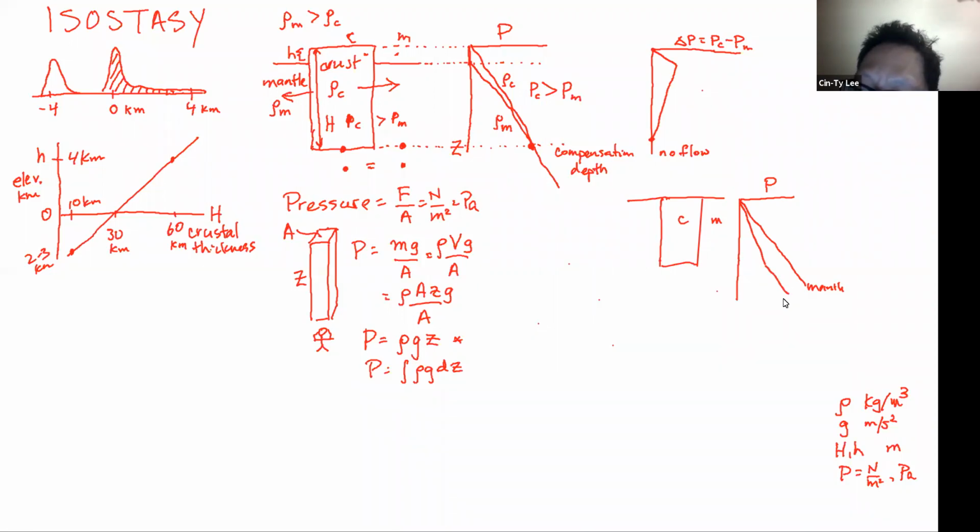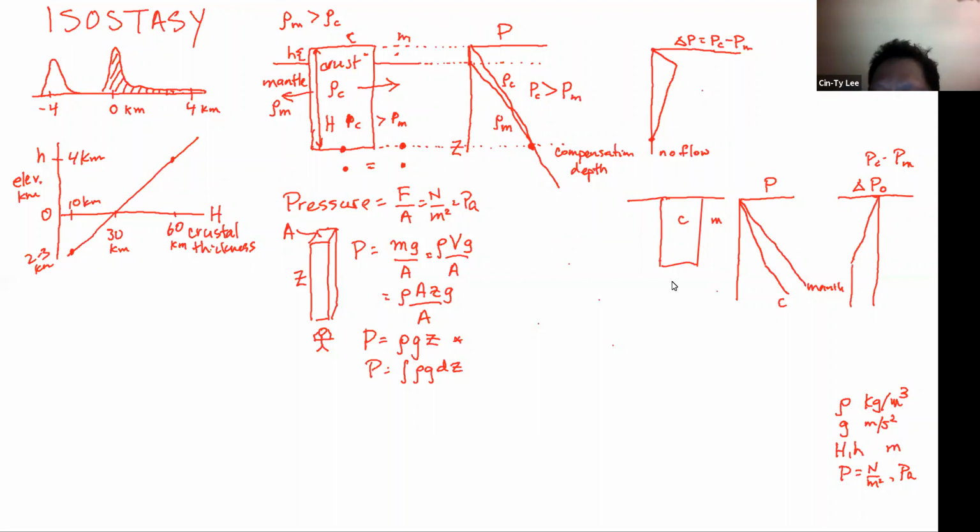But this would be underneath C, this would be underneath M. As a consequence, delta P here, if I were to do that, would be, if I did zero, it would always actually be negative. The pressure, or if I did PC minus PM, it would always be falling on this side. Okay, it looks something like that.